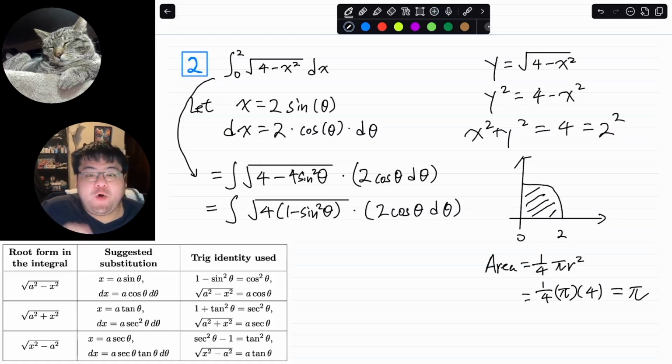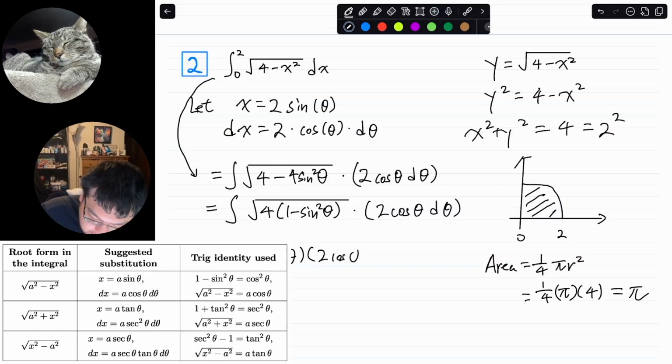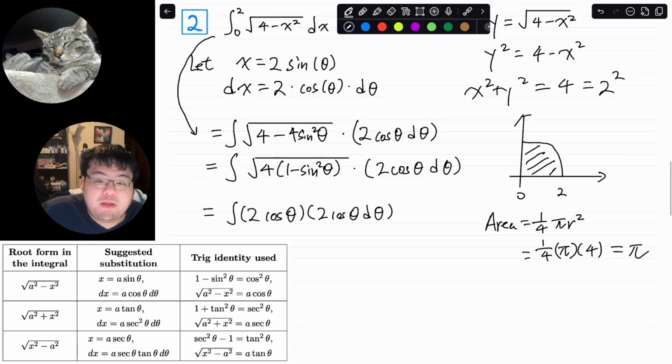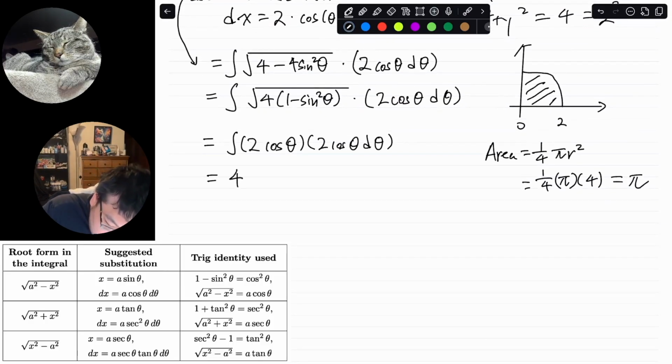So if you take 4 cosine squared theta and then take the square root, you have 2 cosine theta. And then of course you multiply by 2 cosine theta d theta. So we have 4 times the integral of cosine squared theta d theta.